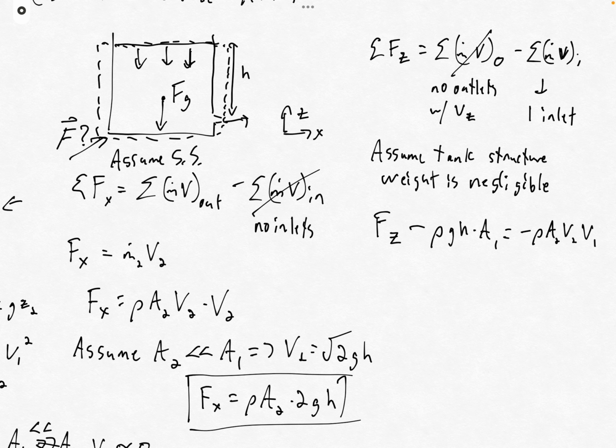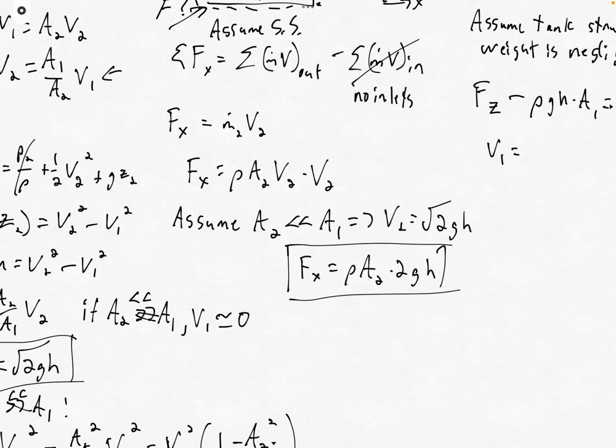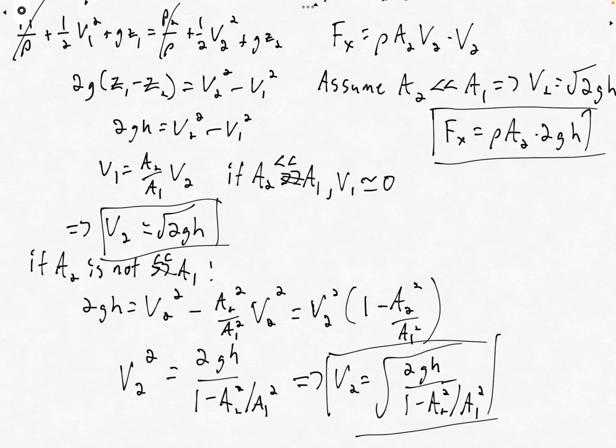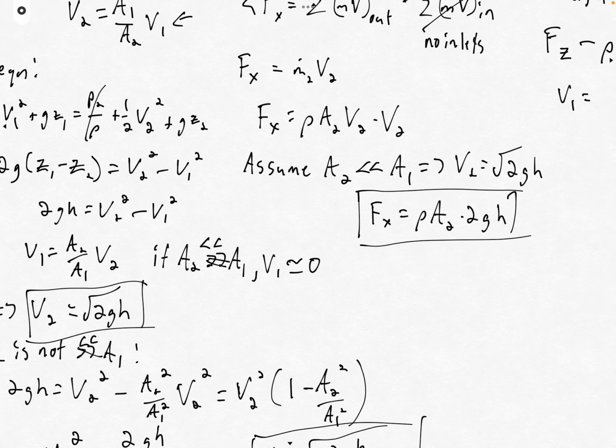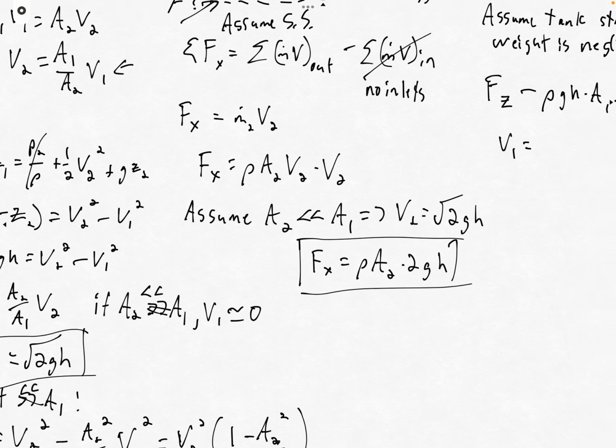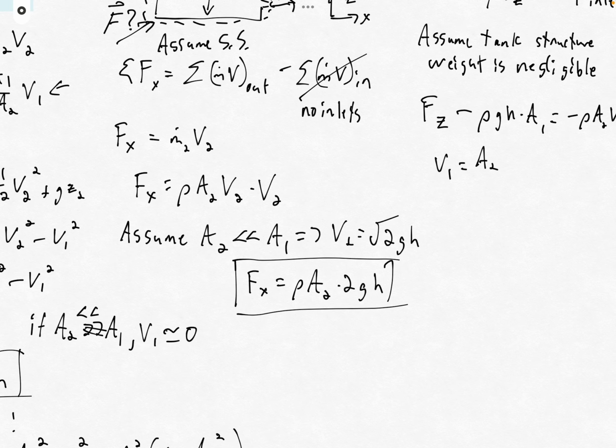But in this case, again, if we're going to assume that A2 is much smaller than A1, we're going to simplify that term quite a bit. We know from mass conservation that V1 is equal to A2 over A1 times V2.